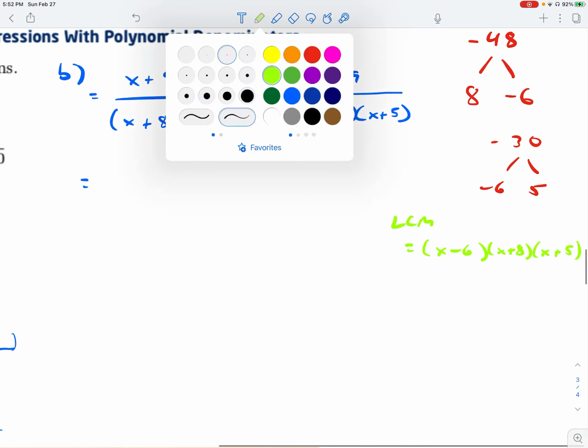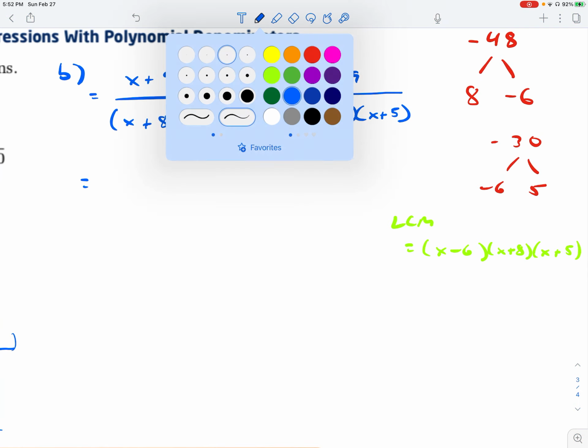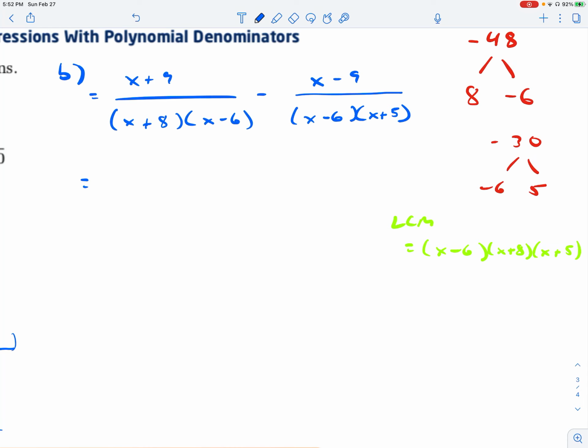All right, now we can go ahead and multiply these by whatever is needed to get the common denominator. So let's write this right here. So we have x plus 9 over x plus 8 times x minus 6. Okay, I'm just going to shorten that a little bit there.